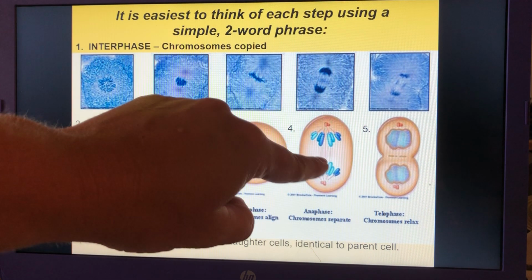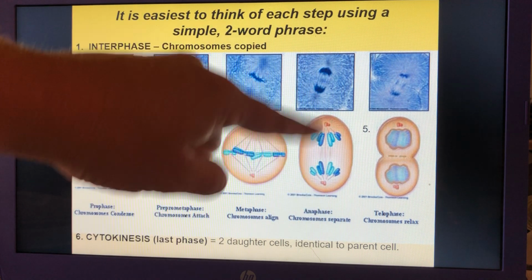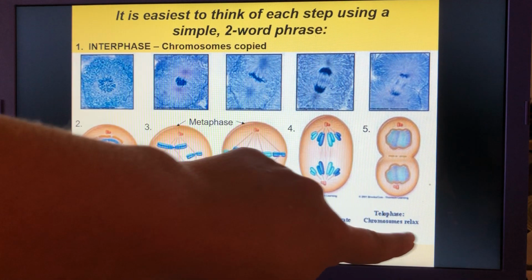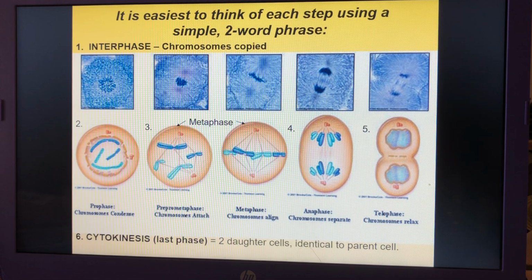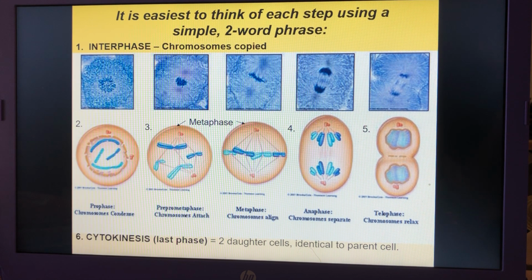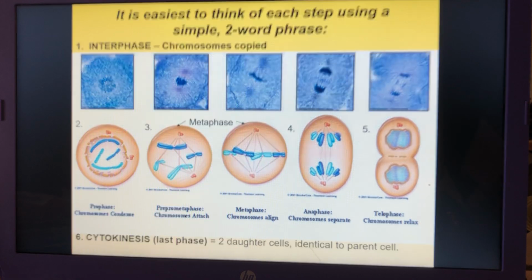Chromosomes separate. The chromatids are being pulled to the opposite sides. And then in telophase, chromosomes relax. The nucleus is formed. They relax and get ready to pinch off. And then in cytokinesis, 2 daughter cells. So daughter cells are formed and the division is complete.